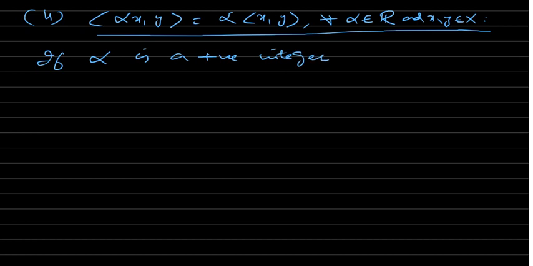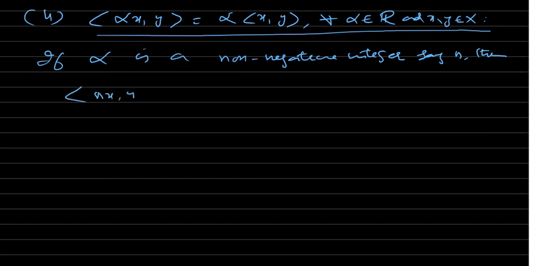If alpha is a non-negative integer, not positive, non-negative, it may be 0. It's a non-negative integer, say n, then the inner product of nx with y, it's equal to the inner product of nx, meaning x plus x plus x.